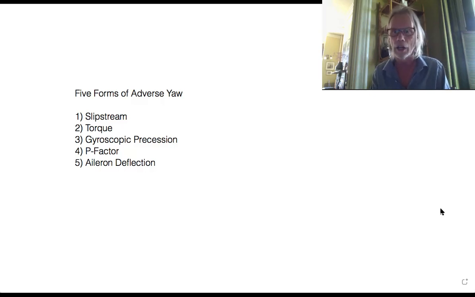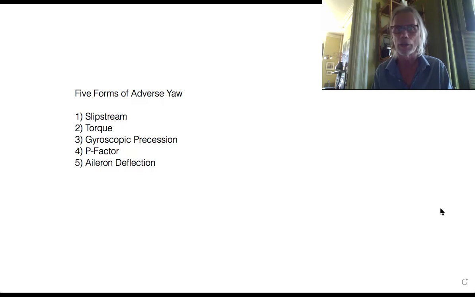Adverse yaw is yaw that you do not wish to occur and that affects the performance of the airplane. So adverse yaw means the aircraft will either yaw to the left or to the right when you make control inputs, and it seems non-intuitive that that would happen. So there are 5 forms of adverse yaw that I'm going to cover today in this video.